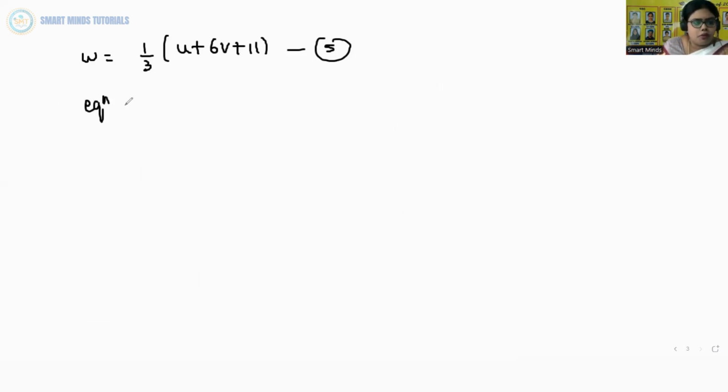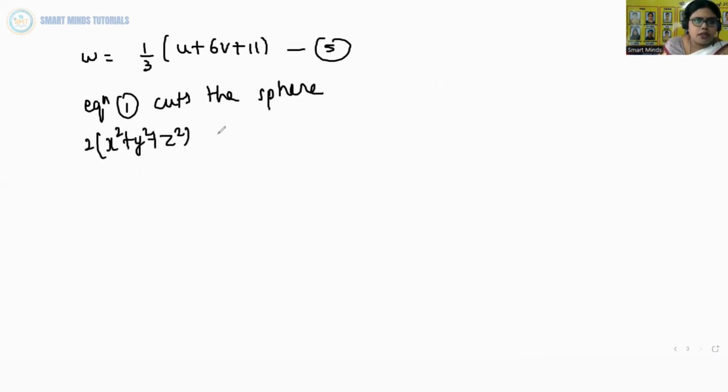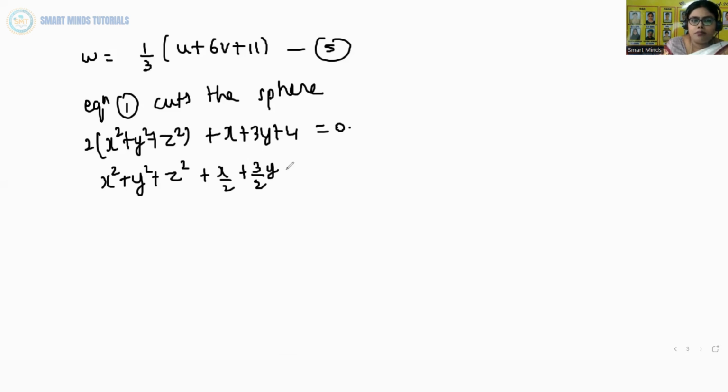So equation number 1 also cuts the sphere 2 into x square plus y square plus z square plus x plus 3y plus 4 is equal to 0. If I take 2 common, we get x square plus y square plus z square plus x by 2 plus 3 by 2 y plus 2 is equal to 0. So you get u is equal to 1 by 4, v is equal to 3 by 4, d is equal to 2.